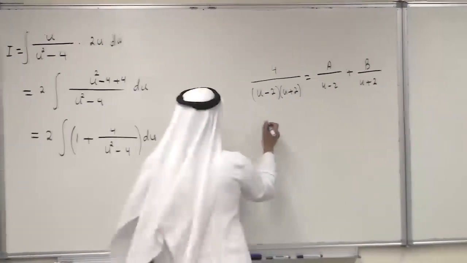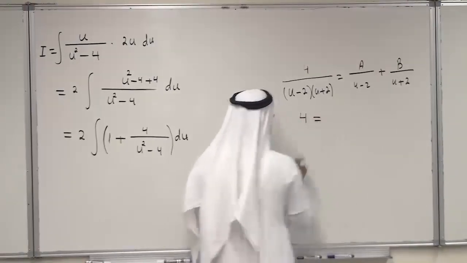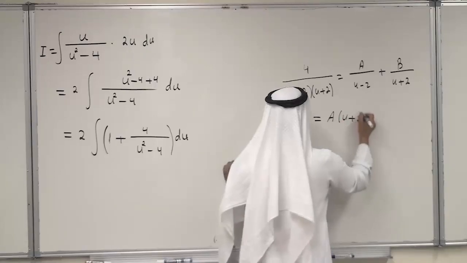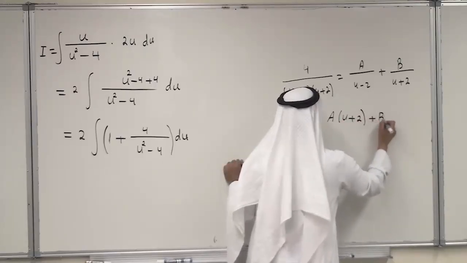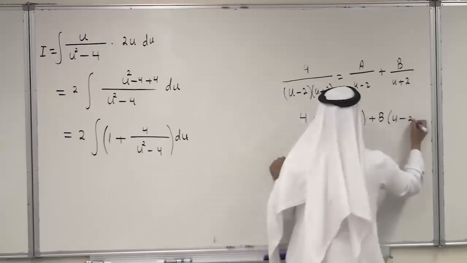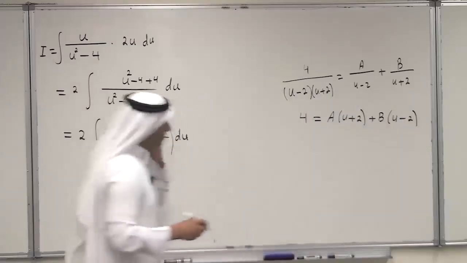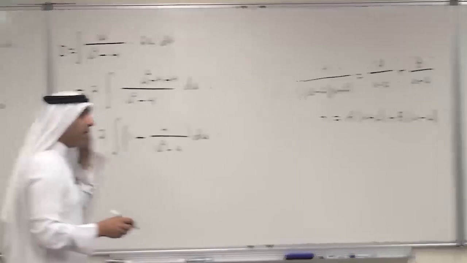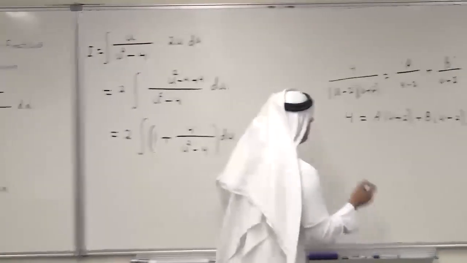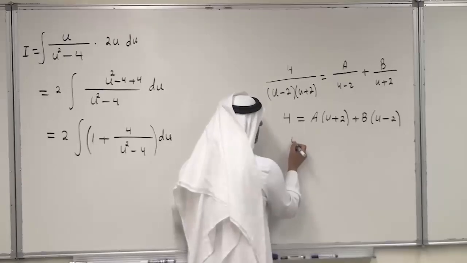Multiplying by the LCD, we get 4 equal to A times u plus 2 plus B times u minus 2. This is the linear type of partial fraction, I mean, the linear factor is non-repeated. So we said that time we need to substitute points, easier.